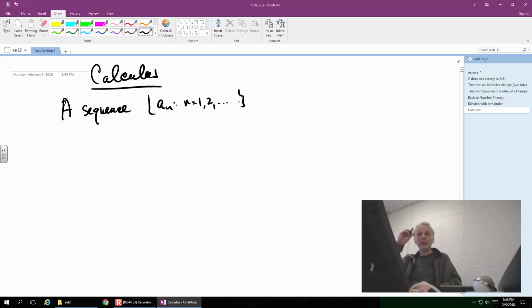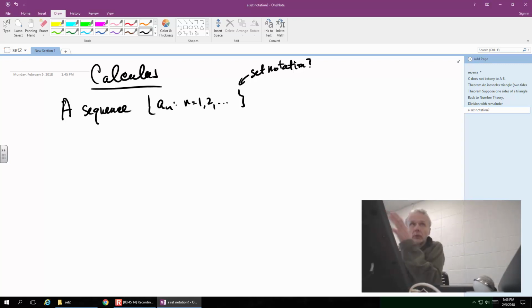By the way, we put the braces on as if it is set notation, but it's really not, because the order matters. It's not a bag of numbers. A sequence is not a bag of numbers. It's an ordered sequence, one after the next. If you rearrange them, the result could be entirely different. Okay, so let's make no mistake like that.